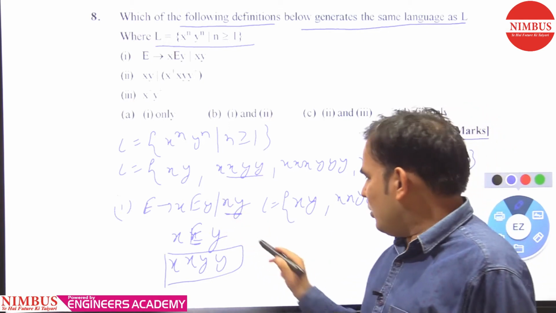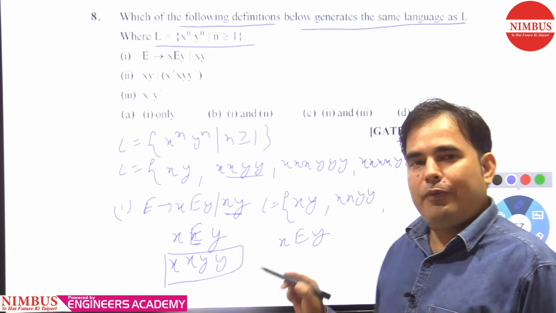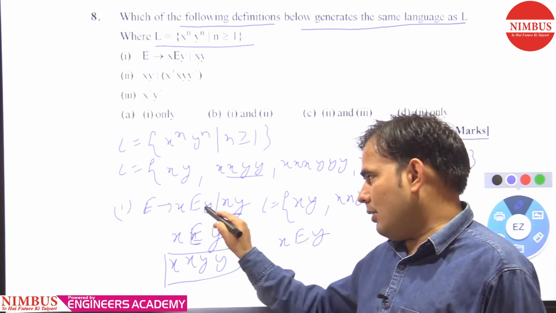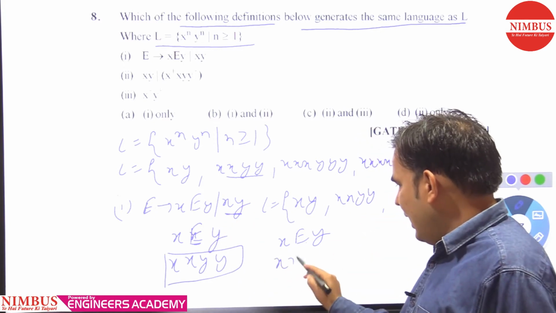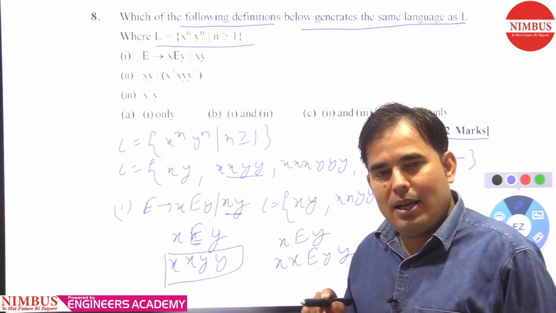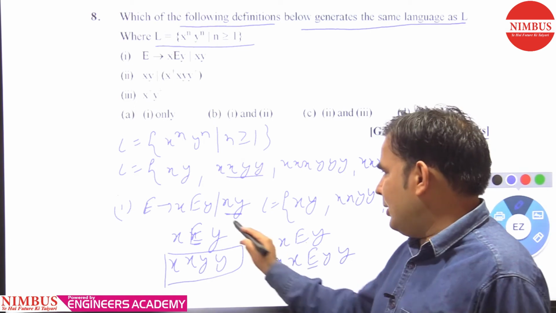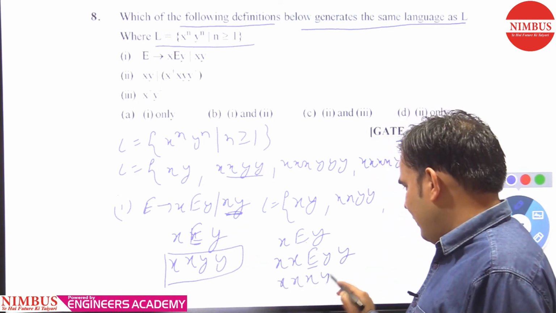Again we take xEy. If we replace this E with xEy, we get xxEyy. If we replace this E with xy, then we get xxxyyy.